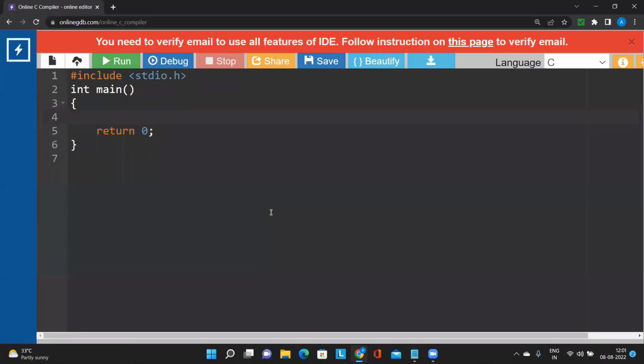So the first thing, okay, let us say, what do you think will be the output of this? Let me say printf.